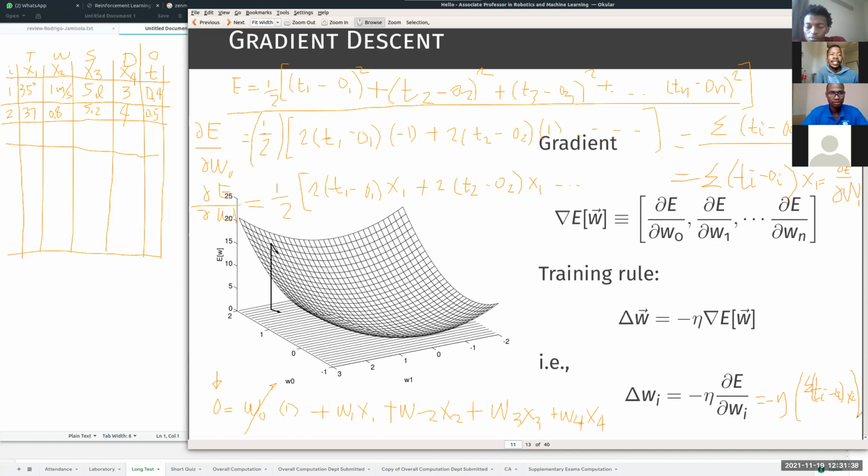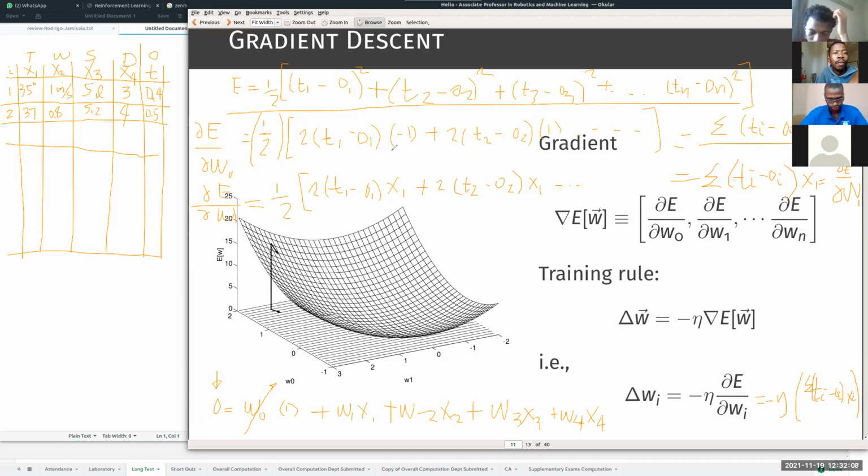I don't understand why it's called the partial of E to W0 when there's no W0 in the formula. It's just T's and O's. Okay, the O is this one. It has W. It's a function of W. The O is the output function.